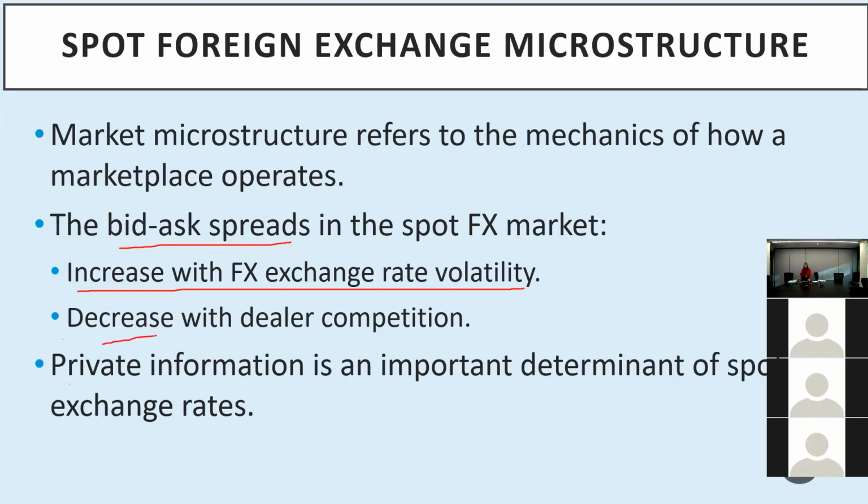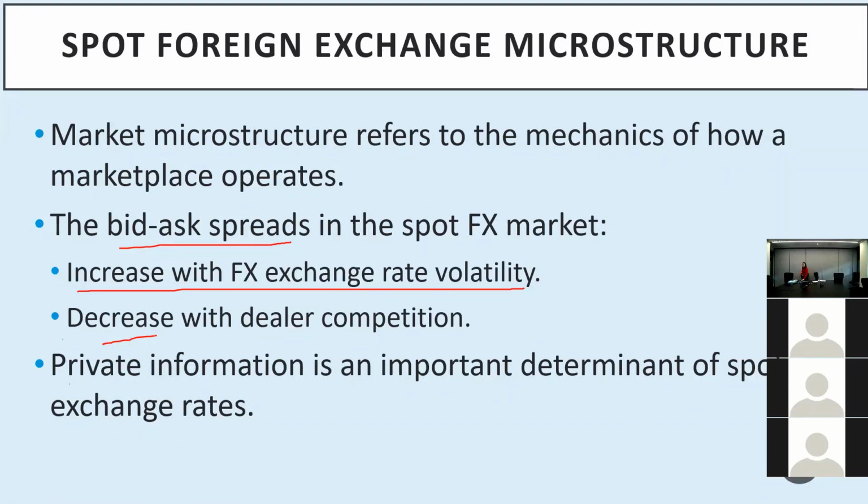Secondly, the bid and ask spread would decrease with dealer competition. So the bid and ask spread is how much the dealer earns in profit when they trade with other people, right? So the wider the bid and ask spread, the more profit that they earn. But with competition, if there are more dealers in the market, they are forced to reduce the bid and ask spread so that they can attract more customers, right?